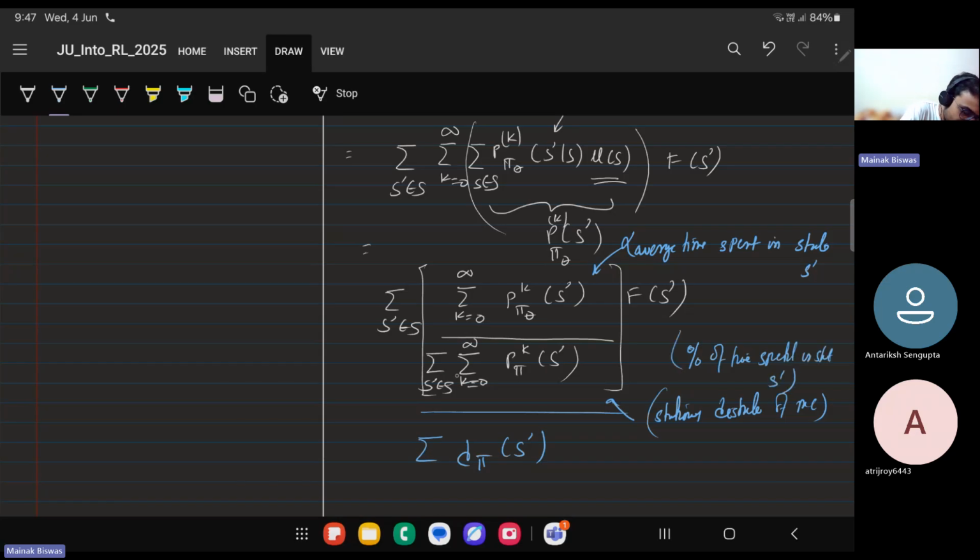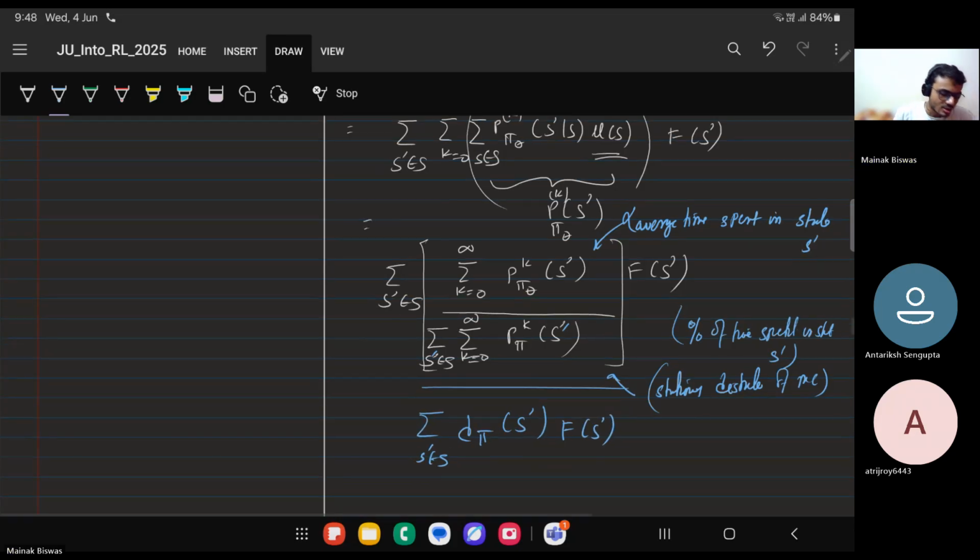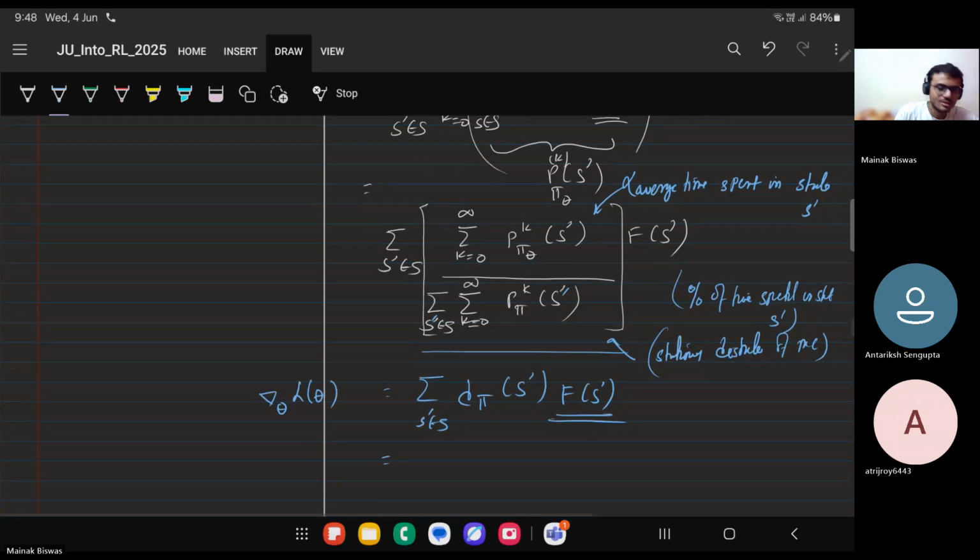So I will write double dash for the denominator so you understand. S dash in S, f of S dash. Oof, so nice equation came. See, the gradient of L theta. Do you remember what this f was?